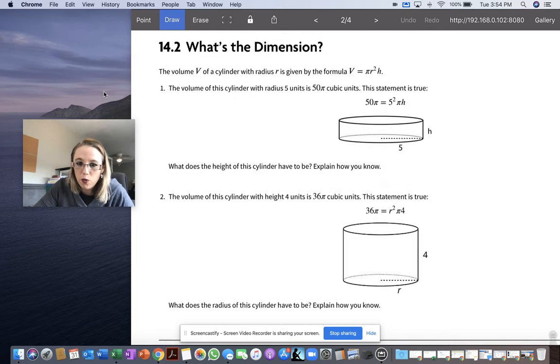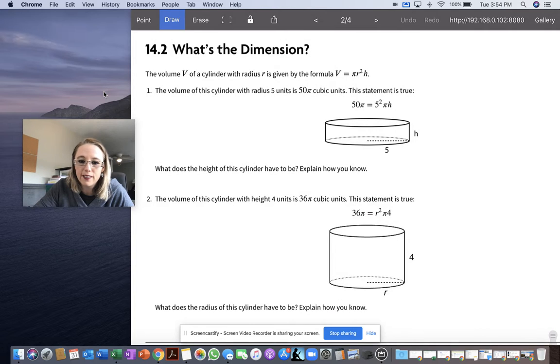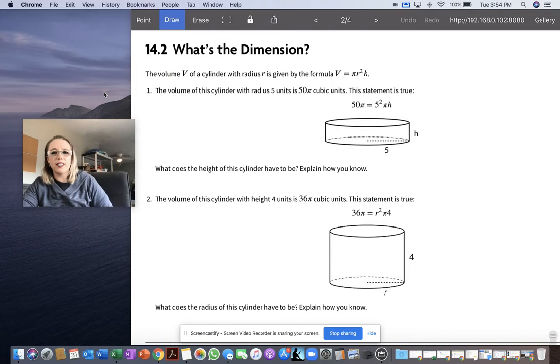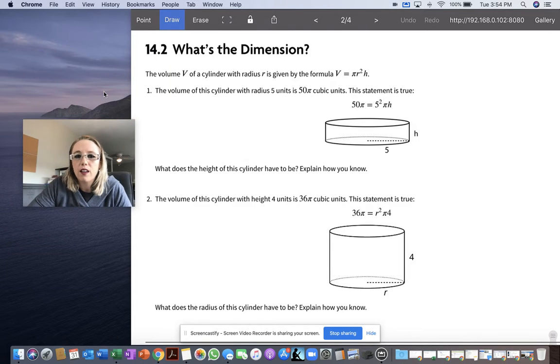Okay. So 14.2. This is an interesting problem. I'm not sure that I would ever expect you to do this on a test, especially remotely. So just bear with me on this one, okay? It says the volume of a cylinder with radius r is given by the formula volume equals pi r squared h, okay?